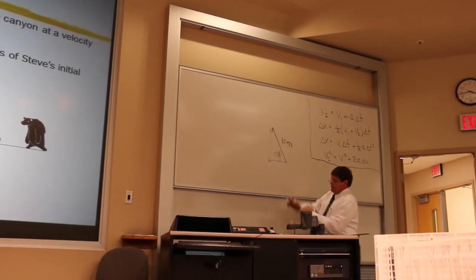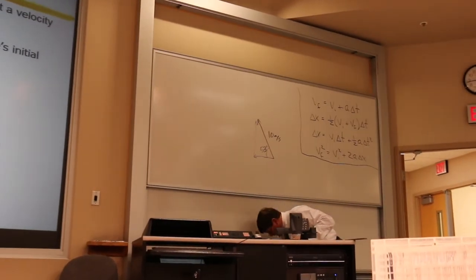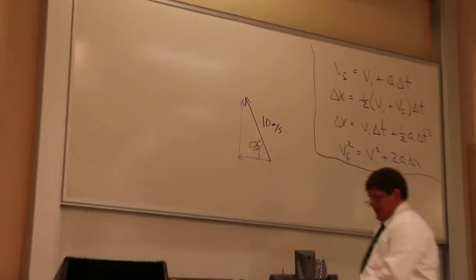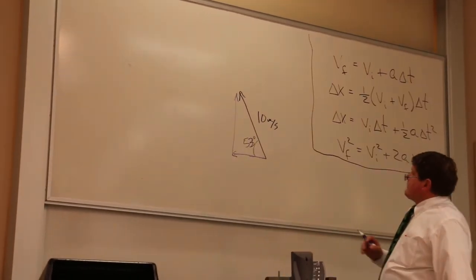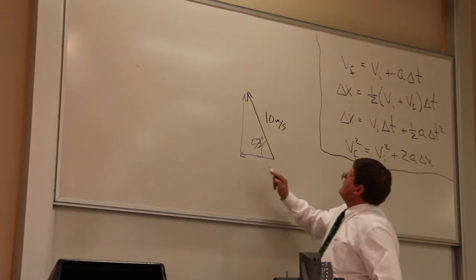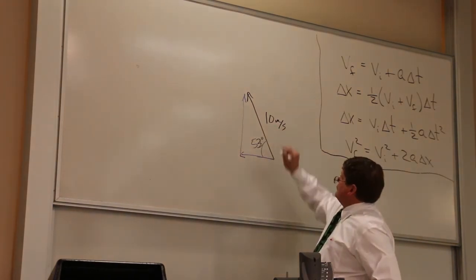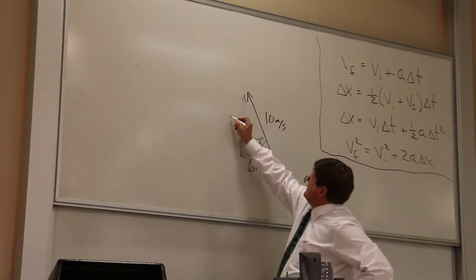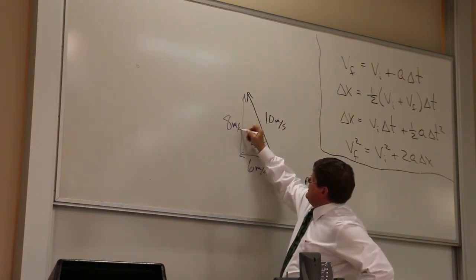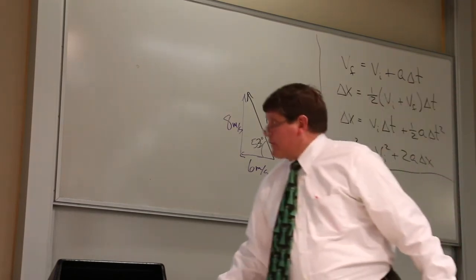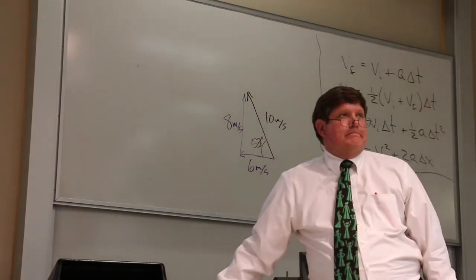And if I recognize this as a 3, 4, 5 triangle, this is 5 times 2, so this is going to be 3 times 2. And this will be 4 times 2. Okay? And then the next part of the question is just, does he make it?